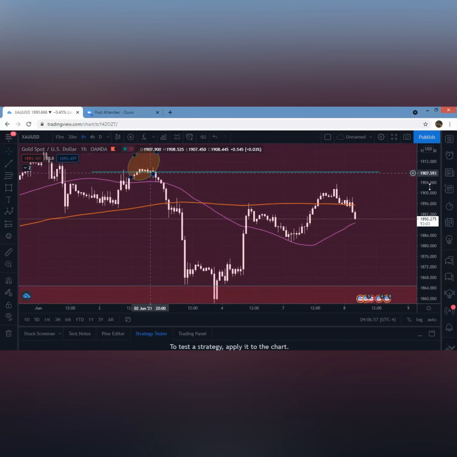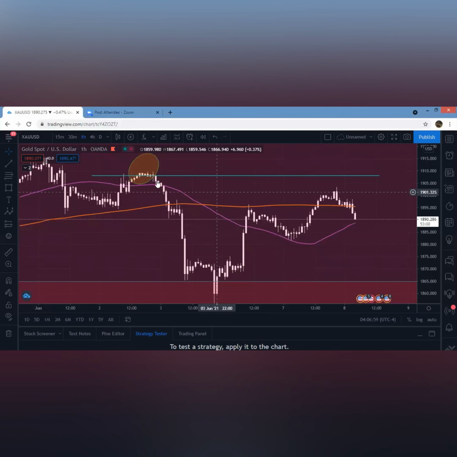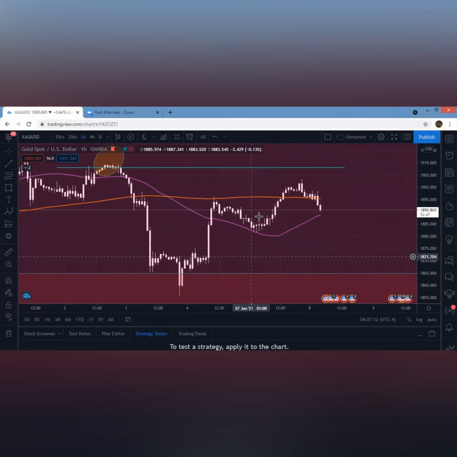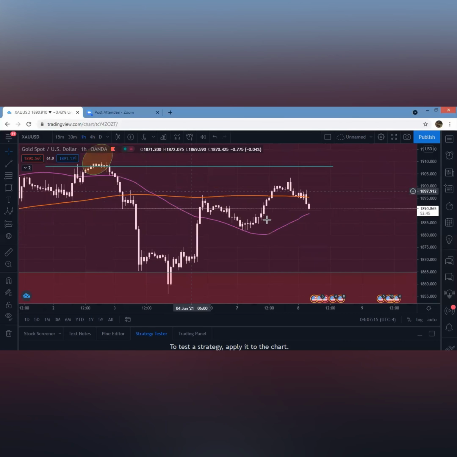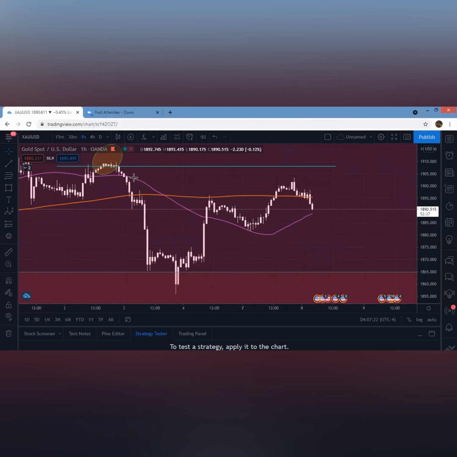You can see even greater how the market moves significantly down in this direction. So that is how I begin to look and identify where the big money is showing up in the market.